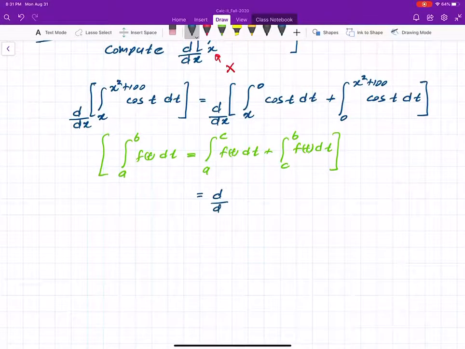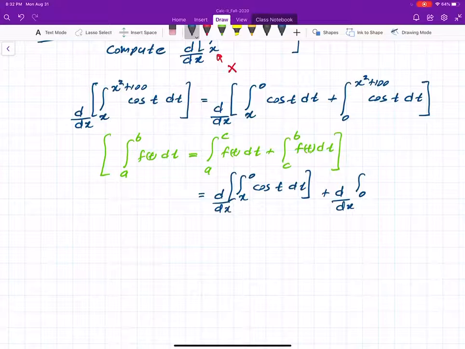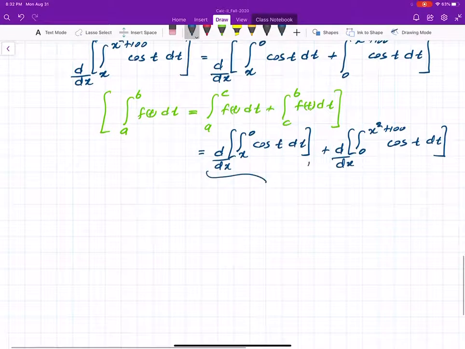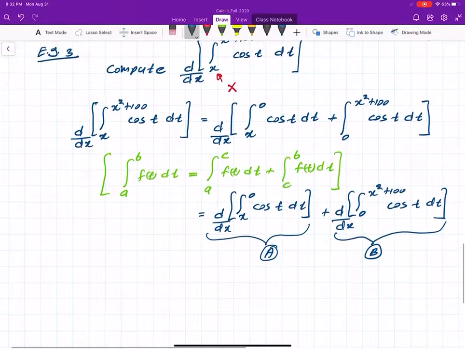You write d over dx of the integration from x to 0 of cos t dt, and then plus d over dx of the integration from 0 to x squared plus 100 of cos t dt. Just consider this as part A and this as part B. I'm going to simplify A and B separately.